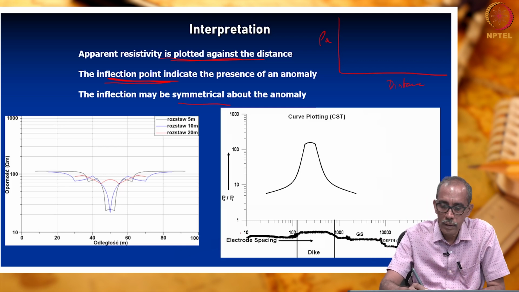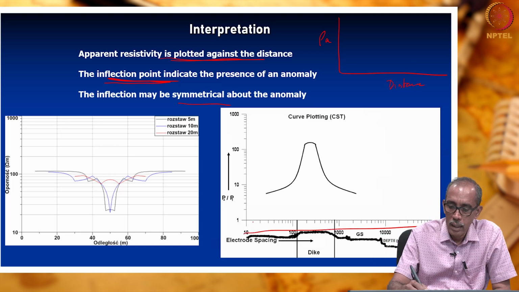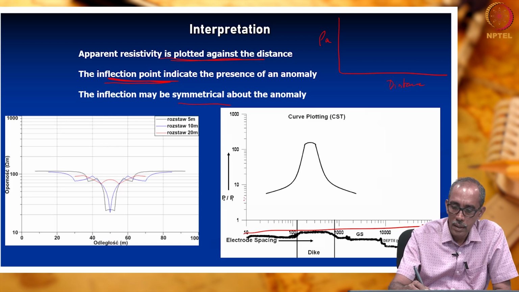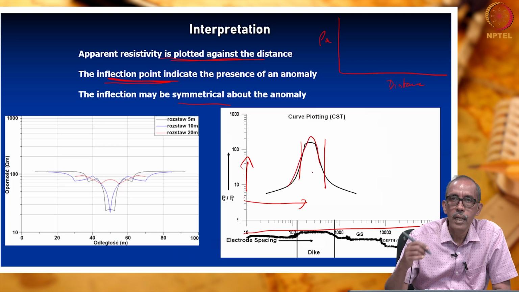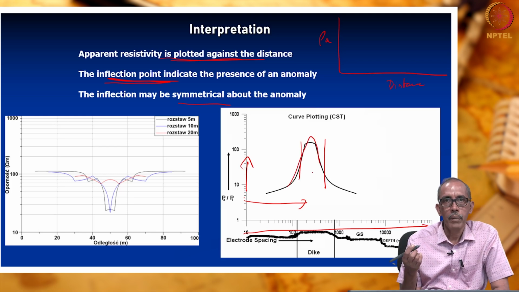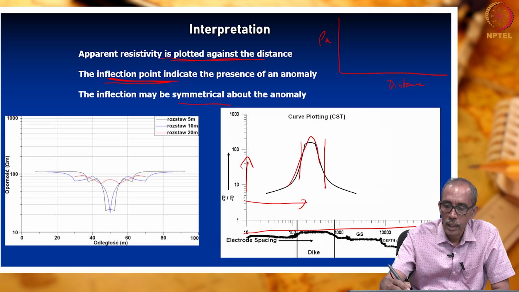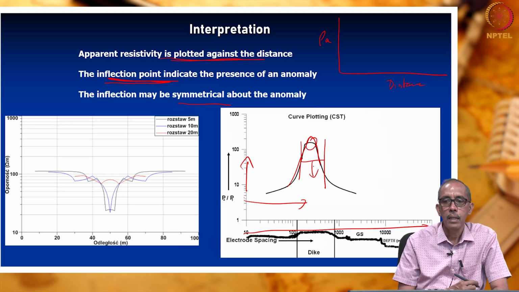Here you can see distance versus apparent resistivity. There is a symmetrical anomaly. It is almost like an inverted bell shaped curve, indicating there is something anomalous present below this region.